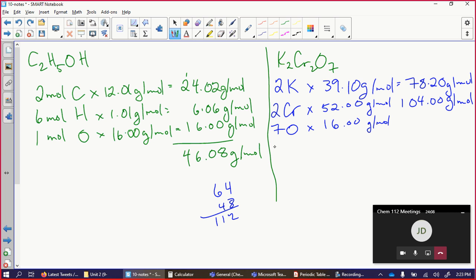Well, 7 is 3 plus 4. I know 4 oxygens are 64. I know 3 are 48. So I do that quickly in my head. So I can say 112. So this would add up: 0, 2, 14, carry the 1, 7 and 1 are 8, 1 are 9, 294.